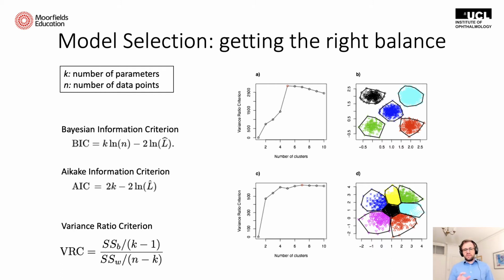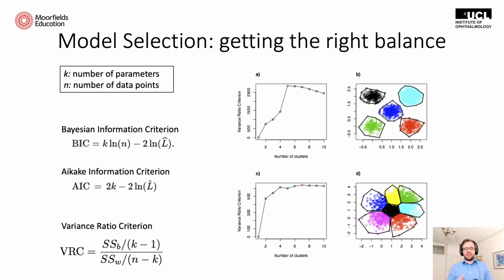You can see from the way the denominator is defined that if k equals n, then that will be 0 and that will be undefined. So you can't have k equals n.